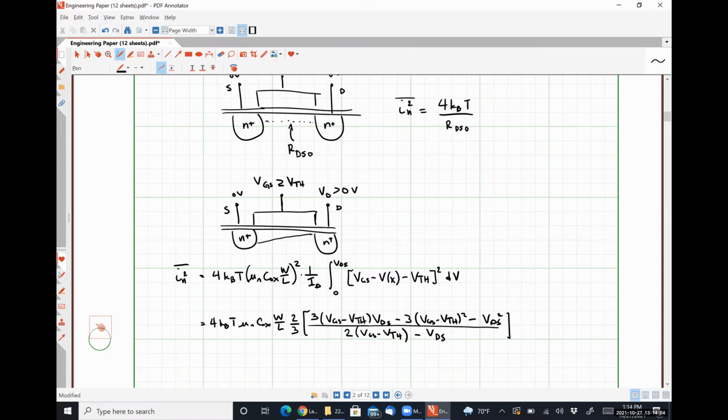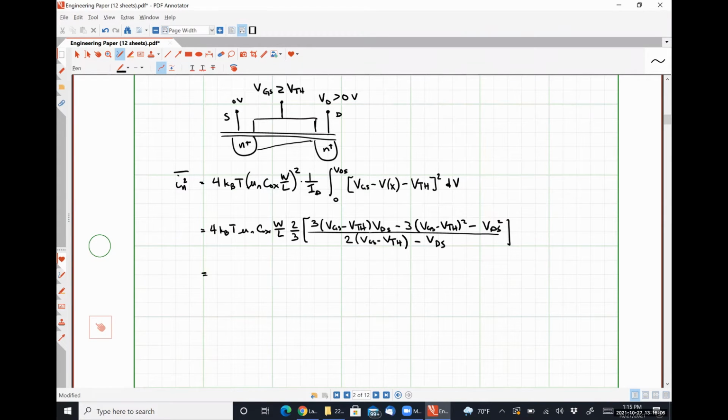It looks like it's got a whole lot going on, but under the specific condition where our transistor is operating in the saturation region, this simplifies to 4 kBT times 2/3 mu n Cox W over L (VGS minus VTH), which is nothing more than 4 kBT gamma times the transconductance, where this gamma represents the transistor parameters and bias conditions and is effectively going to be 2/3 for long channel MOSFETs, which is what we're going to limit our analysis to.